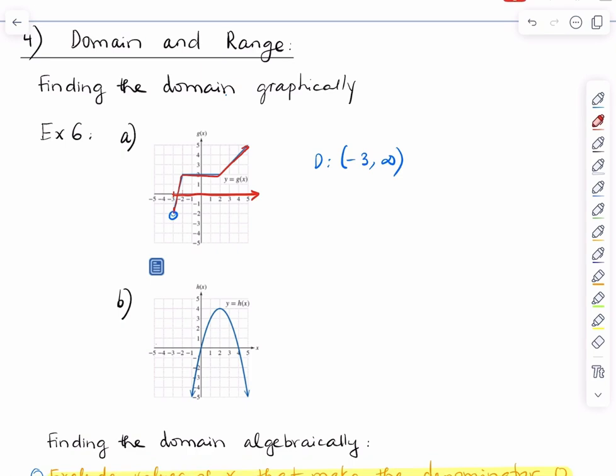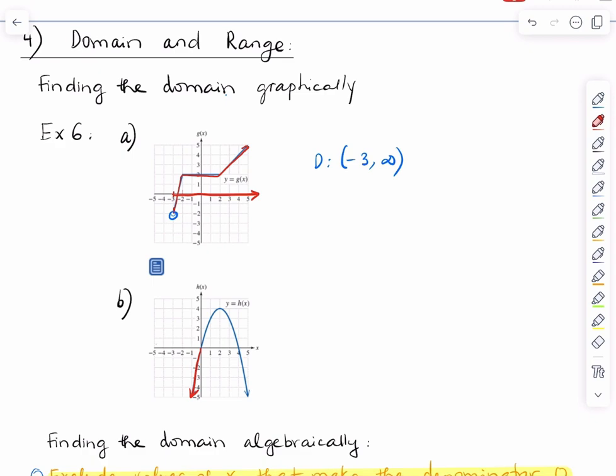Similarly, we can determine the domain for the second graph by looking at how it behaves from left to right. So let's think of this parabola in 3 sections. From here, from 0 all the way to the left, as you can see, the graph goes toward the left forever.